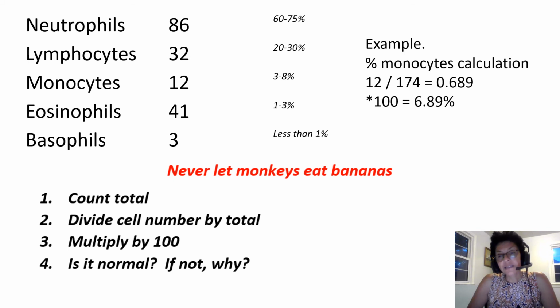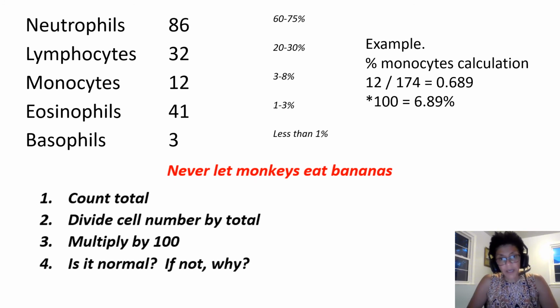So here's an example of a calculation there. The percent of monocytes would be the number of monocytes, here 12, divided by the total number of leukocytes here, which is 174. And then you'd multiply that by 100 to get the percent.